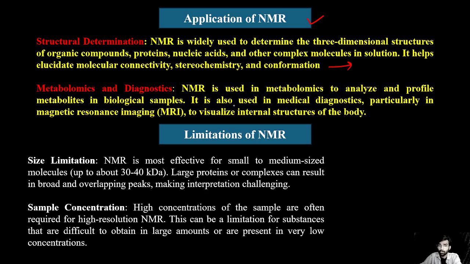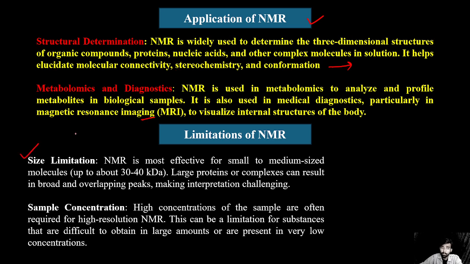And through NMR, we know that MRI, magnetic resonance imaging, we can understand the metabolic profile. That's very important for diagnostic purpose, to understand what kind of disease or what kind of disorder is going on, right? And for structure you can determine protein, nucleic acid, everything.